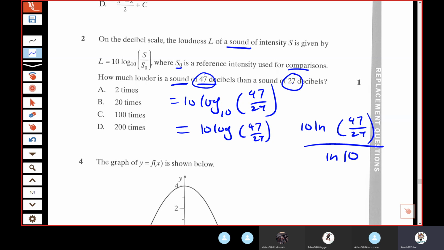So S naught is 27. Does that make sense? Where's the comparison from? Why is there 20 between 47 and 27? Oh, no, S stands for sound. S is 47. Then a sound of 27. S naught is 27.